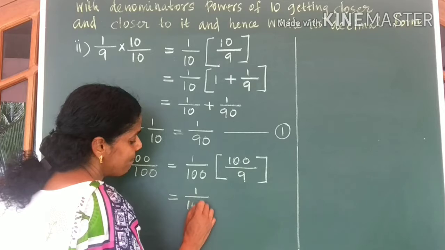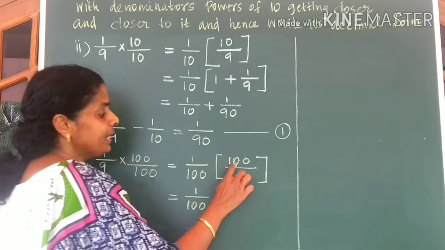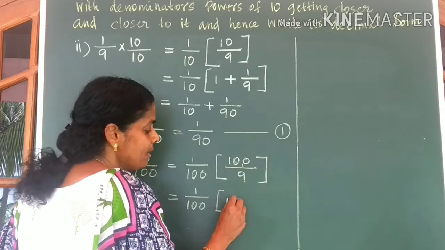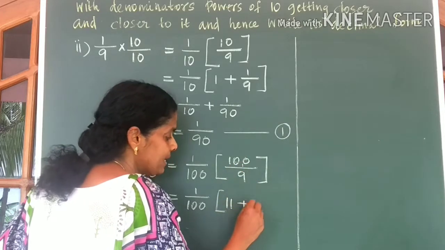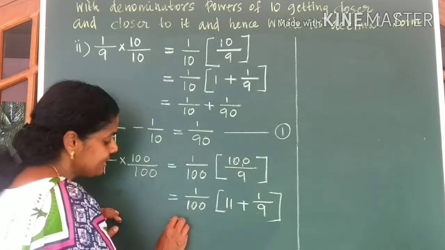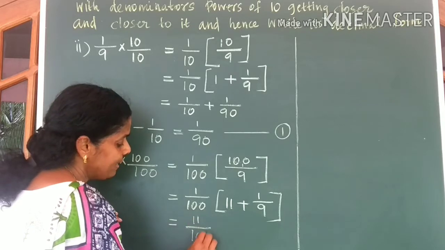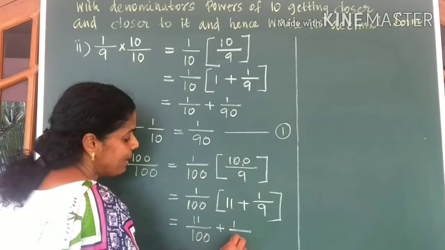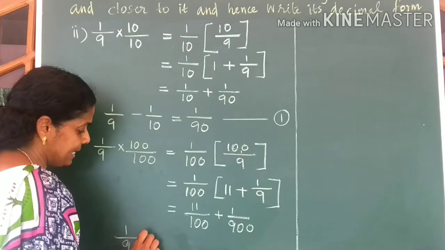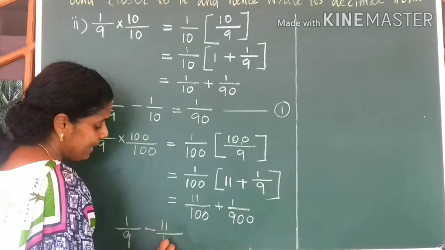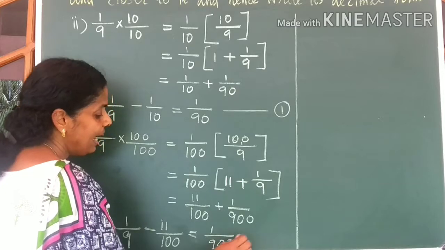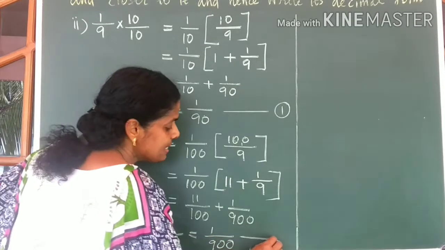So you get 1 by 100 into, in 100 you have 1 nine is 9, 1 balance, 1 nine is 9 plus remainder is 1. So what do you get here? This is equal to 11 by 100 plus 1 by 900. So we can write 1 by 9 minus 11 by 100 is equal to 1 by 900. This is our second step.